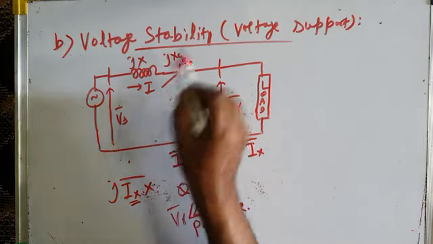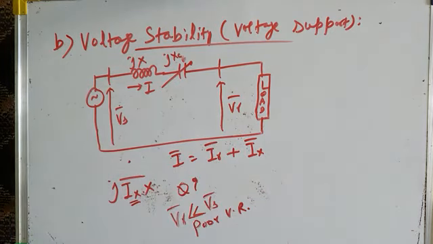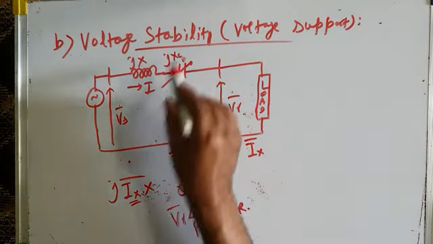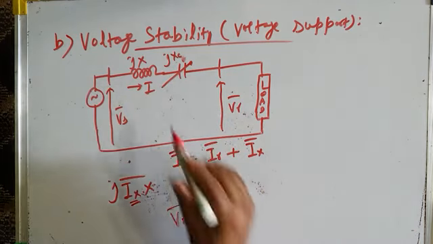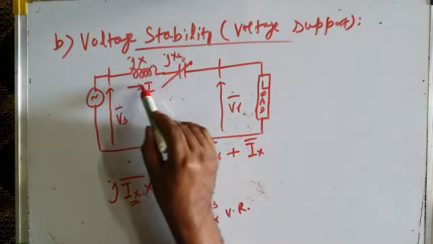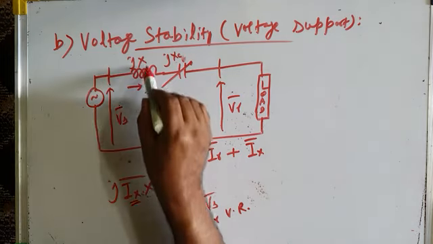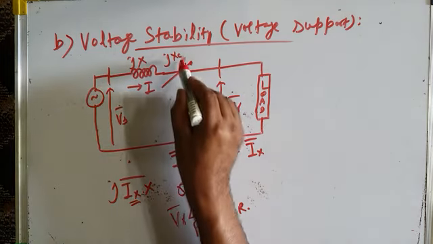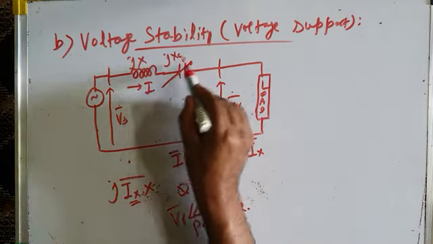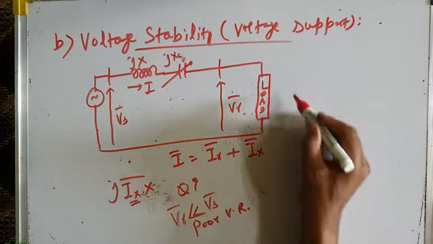In case of series compensation, when you place a capacitance of reactance XC in series with the line, in addition to the reactive voltage drop jIX across the transmission line, there will be a capacitive voltage across this series compensator. And what will that be?